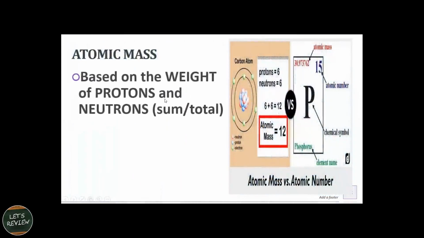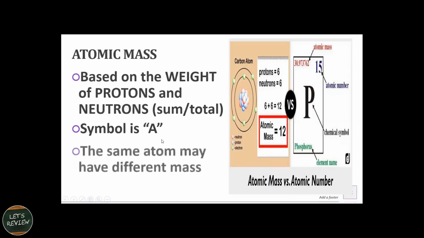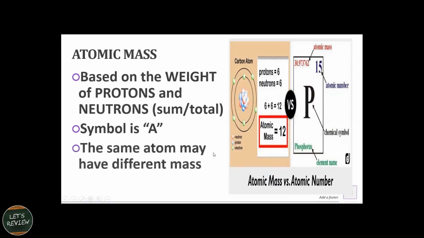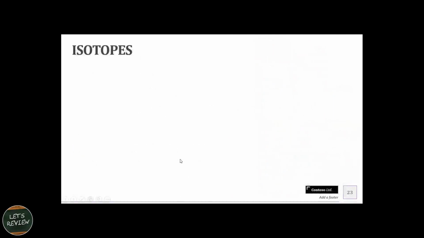Next, atomic mass is based on the weight of protons and neutrons. We can say it's the sum or total, and the symbol that we usually use for that is capital letter A. So the same atom may have different mass due to the number of neutrons inside their nucleus.